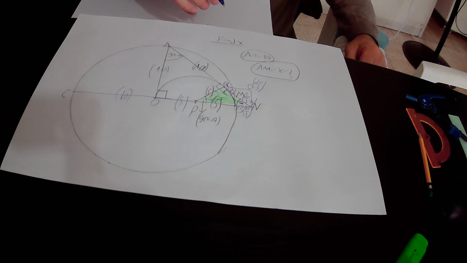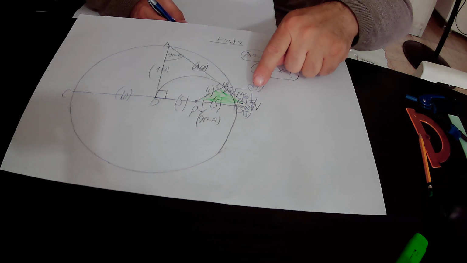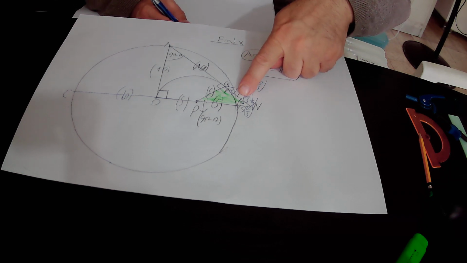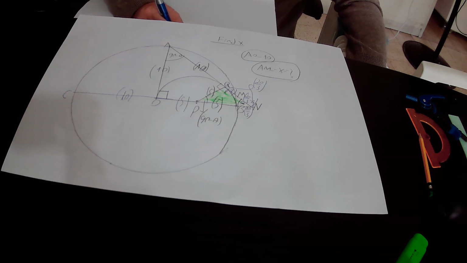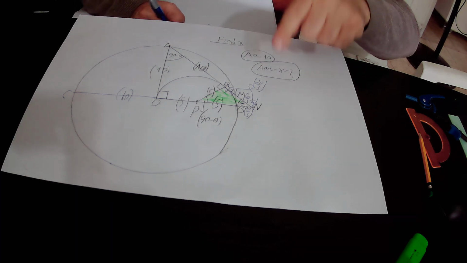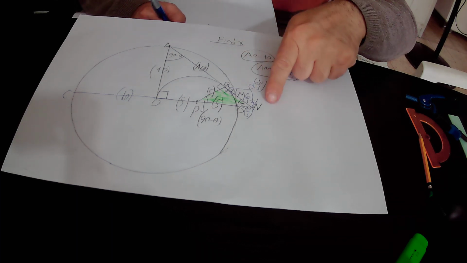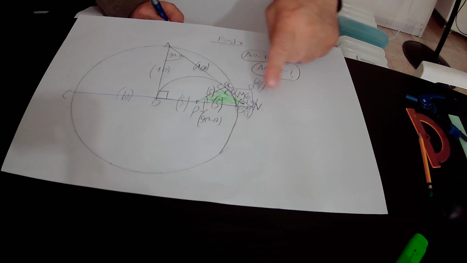According to rule number 14, we get that NB times NC equals NQ times NA. Okay, again, NQ times NA.